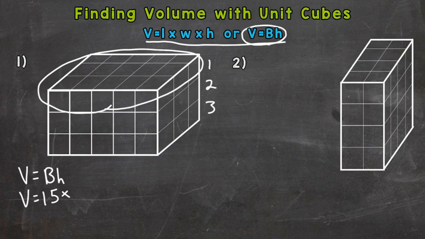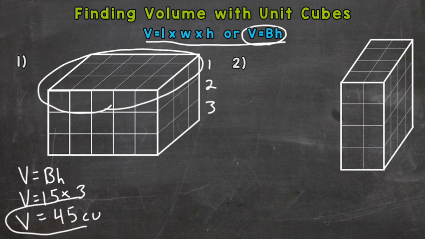So we could do 15 times 3, and that will give us how many unit cubes make up that rectangular prism. And 15 times 3 gives us 45. And I will put CU, which means cubic units. And that's the volume of that rectangular prism. And volume is how much space a three-dimensional object takes up.